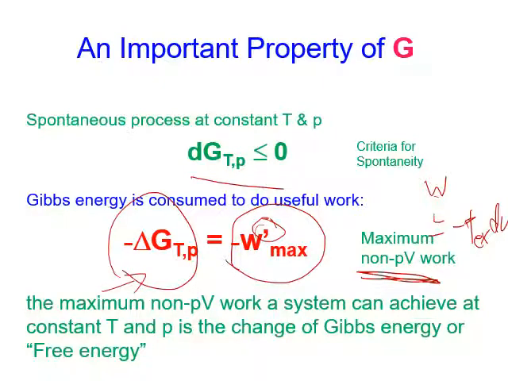So the maximum non-PV work a system can achieve at a constant temperature and pressure is the change of Gibbs energy, or free energy. This non-PV work includes electrical work, biological work, so any work that is not related to volume change.